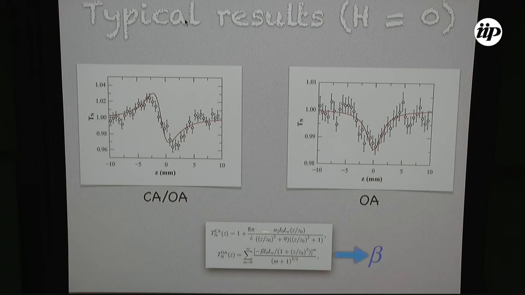Here is N2 and here is beta, and you make this fit as a function of Z. Z0 is an experimental, geometrical parameter. All the things we know; we don't know only N2 and beta.